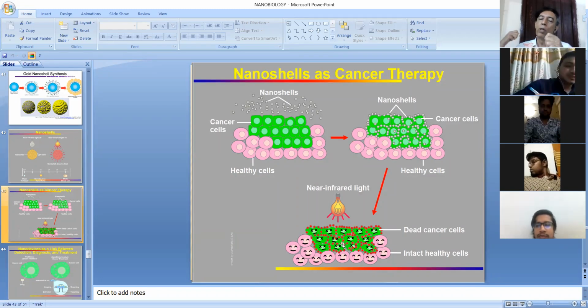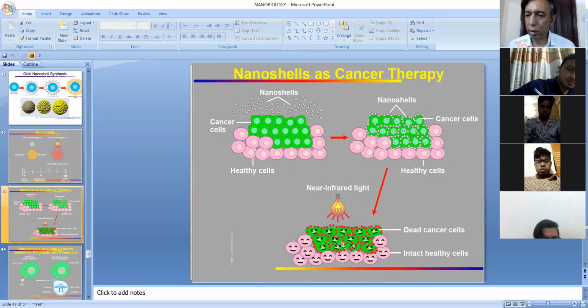So if you inject nanoshells into anyone's body, the nanoshells will be accumulated on the cancerous cells only, not on other cells.